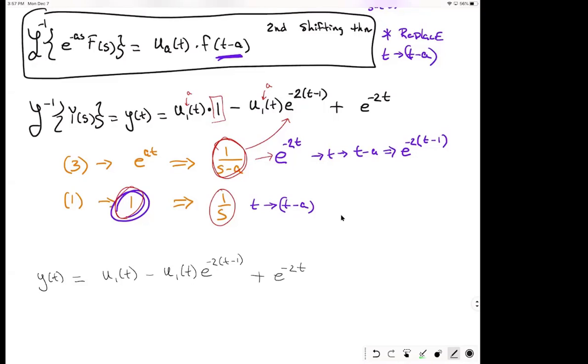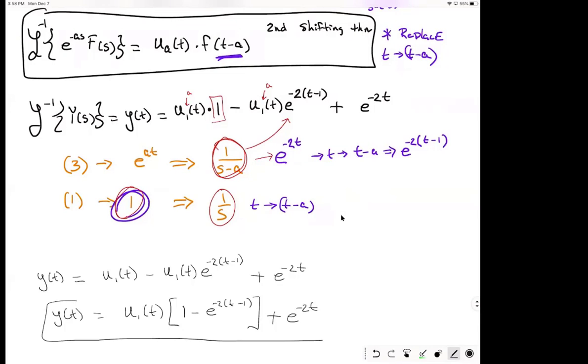Now, probably we would factor out this u1 of t times 1 minus e to the minus 2 of t minus 1. We'd probably do that. So this is the solution to that differential equation.